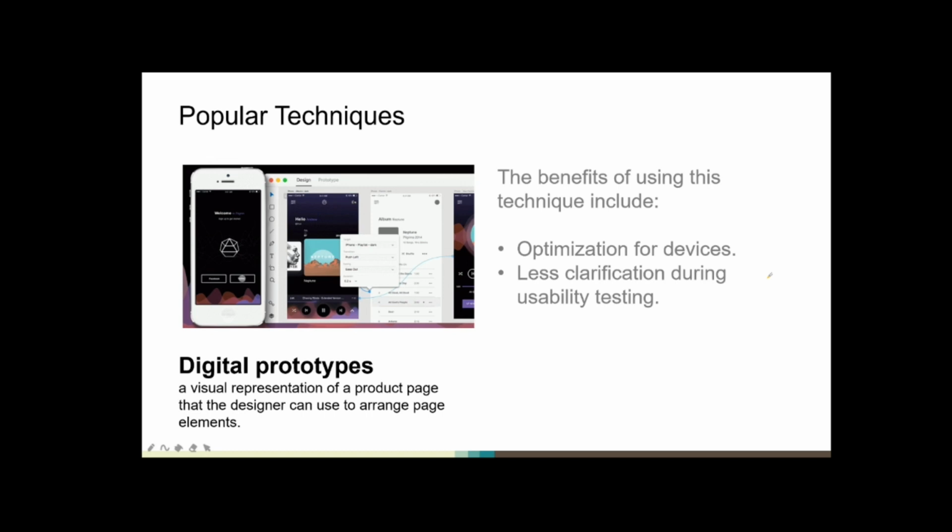And another will be less clarification during usability testing, since interactivity frees the designer from having to clarify concepts during testing, so this will allow the designer to focus on observation instead. You can choose a lot of tools for this one, like what I have mentioned earlier: Adobe XD, Proto.io, Mockups, PowerPoint, or Keynote, and any other tools that you are comfortable in using.